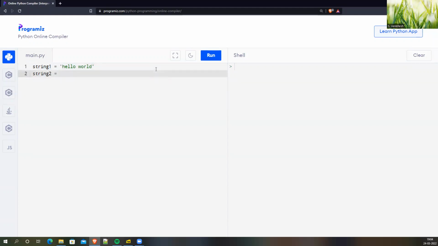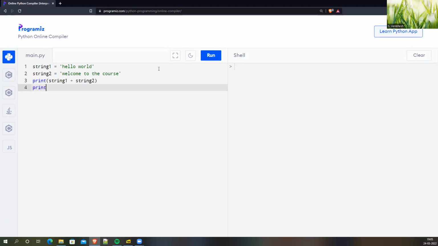String2 is equal to welcome to the course. Now let us see print string1 plus string2. Don't leave a space because then these two names have become different. It's one name, so there cannot be a gap.